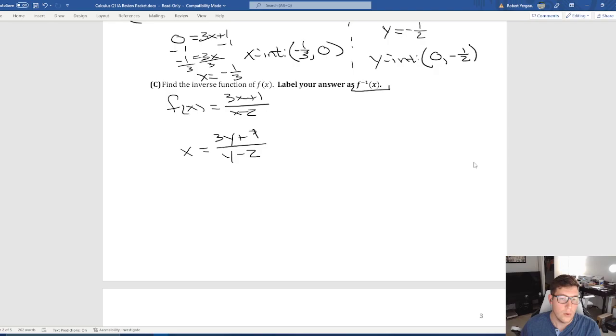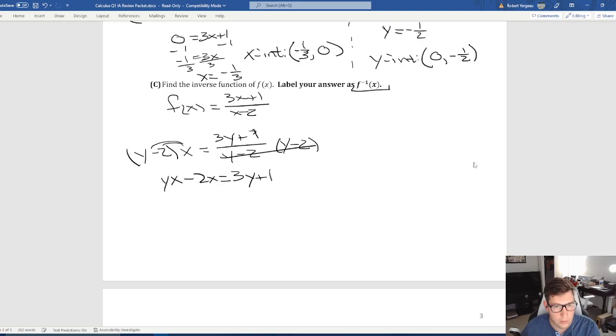Now, when we have a denominator like this, and specifically y is our denominator, we need to multiply by our denominator to cancel on our right, and we're going to have to distribute this x on our left. And so what I'm really going to have is yx minus 2x is equal to 3y plus 1.